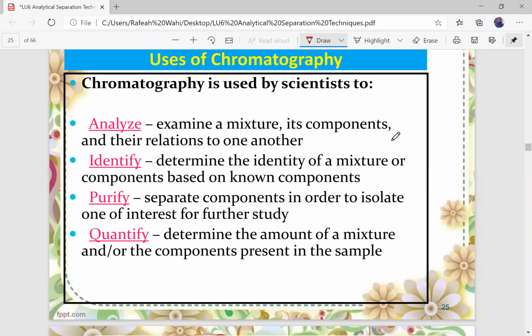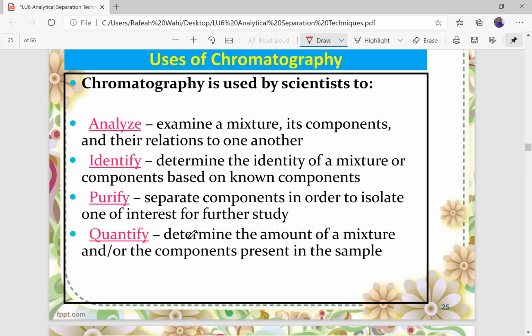Chromatography is used by scientists to analyze the analyte or the compound. What is analyze? Analyze means you examine a mixture, its components, and their relations to one another. Chromatography analysis is also used to identify, which is to determine the identity of a mixture or components based on known compounds. It is also used to purify a sample, which is to separate components in order to isolate one of interest for further study.